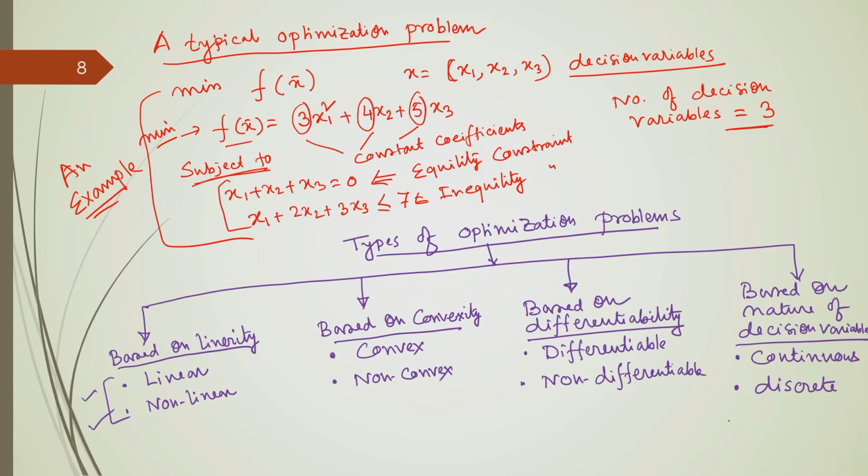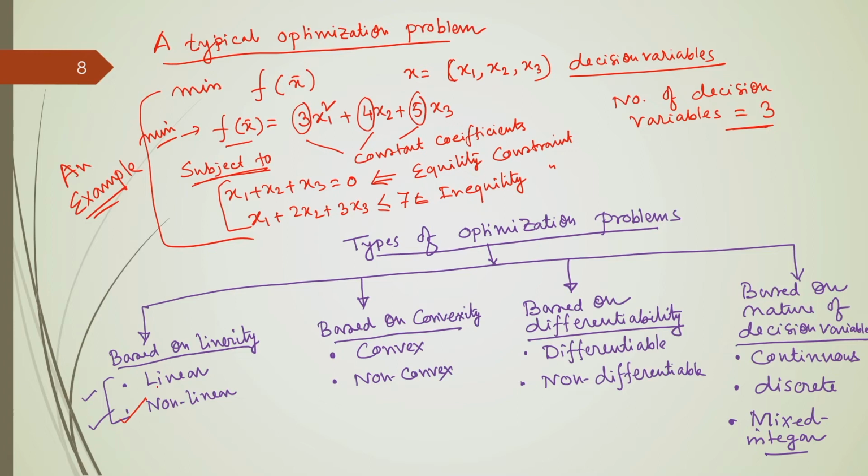Or we can categorize it as mixed integer. In mixed integer, some of the decision variables are discrete, even binary, and some of the decision variables are continuous. So, these are broad classifications of different optimization problems.